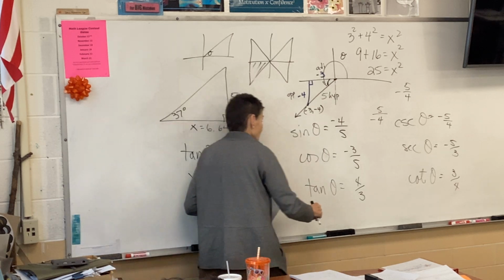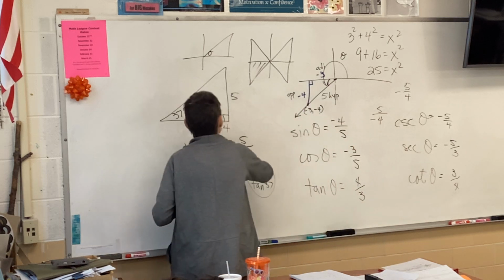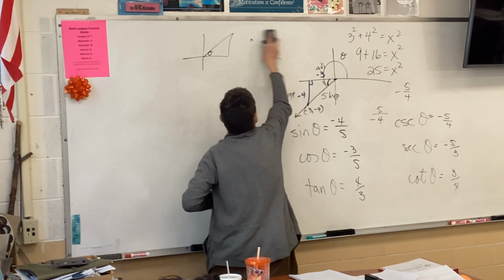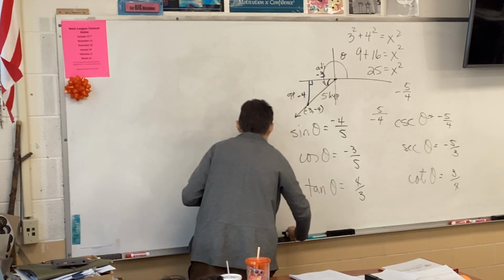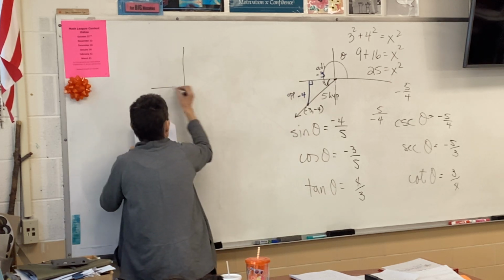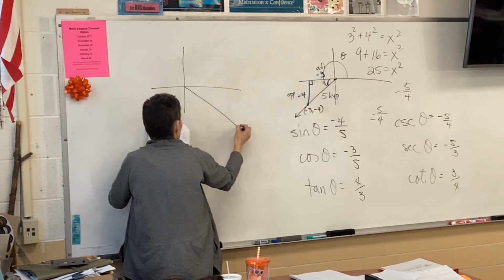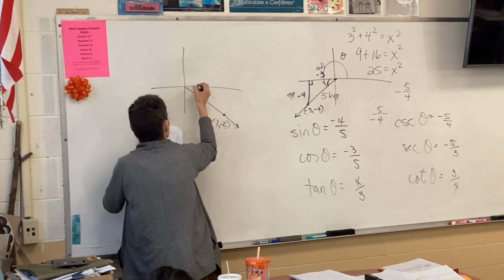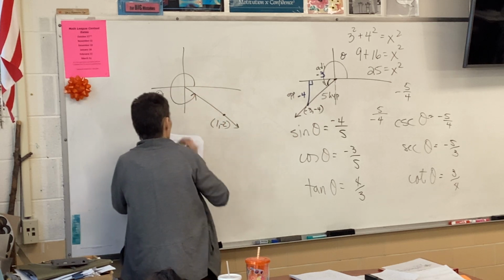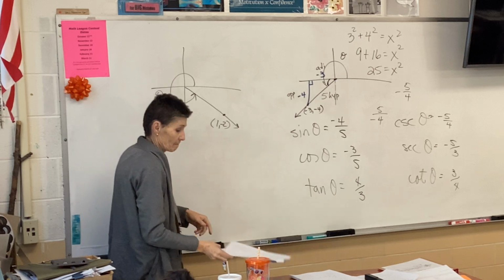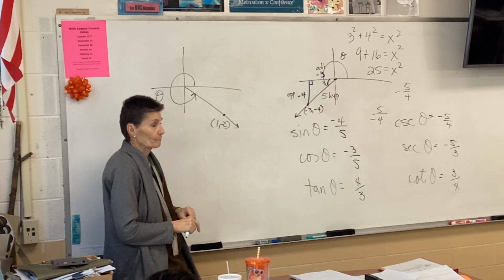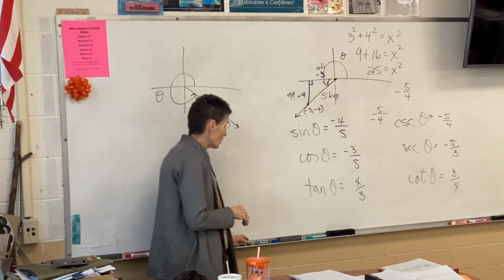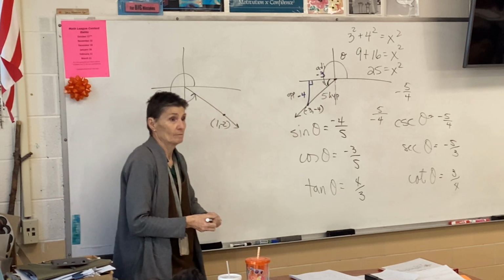All right, let's look at B. Problem B. All right, this time given looks like this. My angle's all the way around. So I'm going to make my triangle.